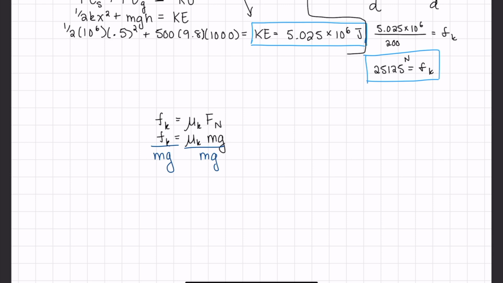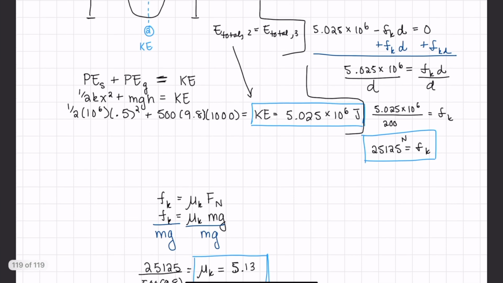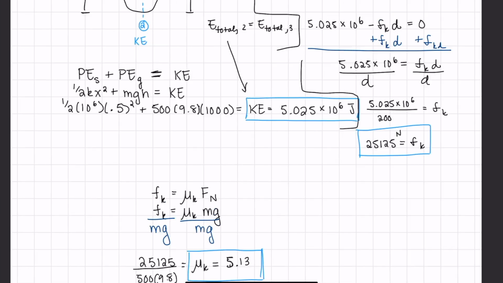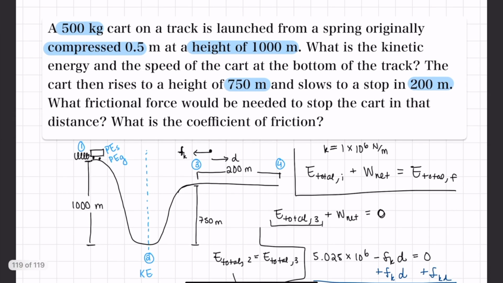And then we can substitute in 25,125 over 500 times 9.8, which is equal to 5.13, which is much higher than basically any coefficient of friction. So between the velocity we found, which I erased, and the friction you would need to stop in that time, this tells you that you should not ride this roller coaster.